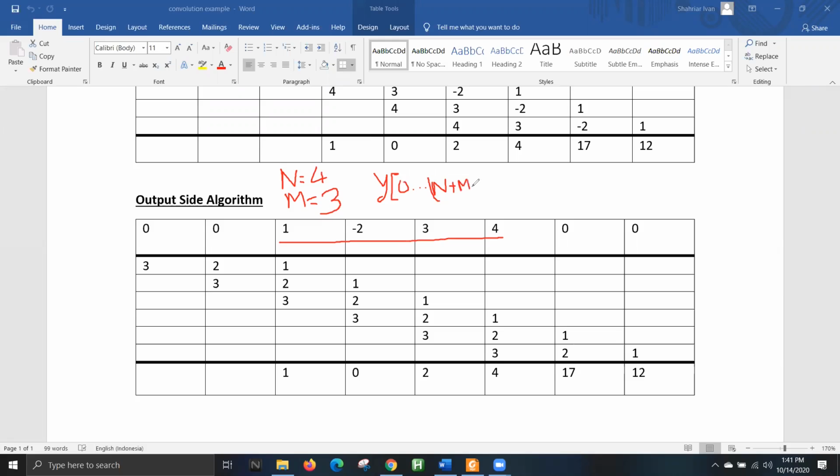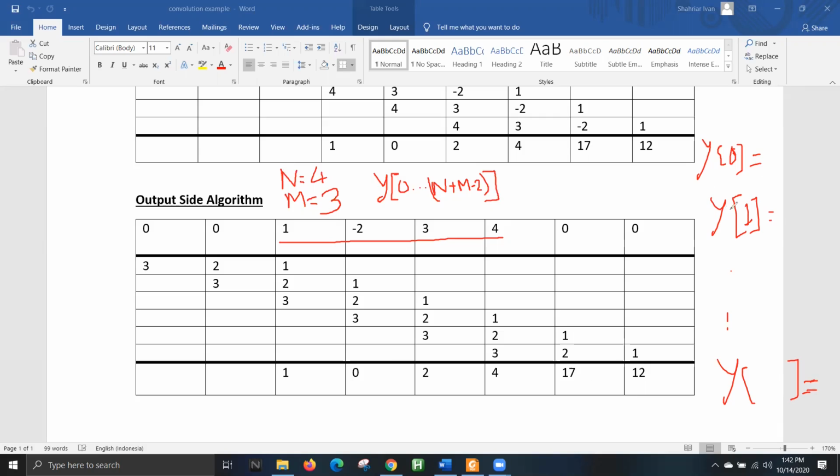Without even drawing the table, you can directly find y0, then y1, and so on, up to the final index. Just by using the equation, you can find the individual values, and by putting them in order, in sequence, you get the whole signal.